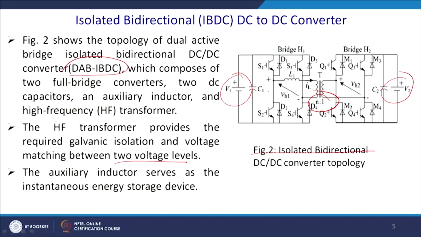For this reason, it has a flexibility. You can control the duty ratio as well as the trans ratio. The auxiliary inductors serve as the instantaneous energy devices.